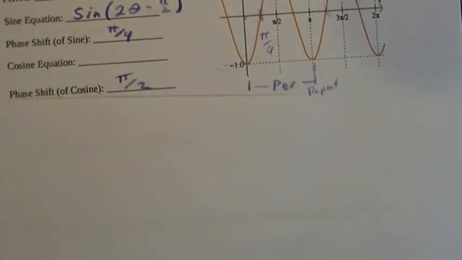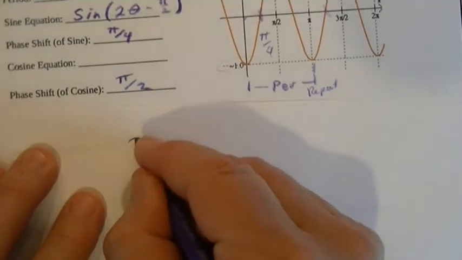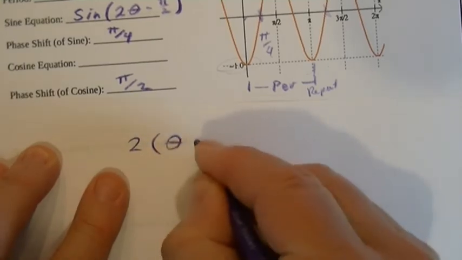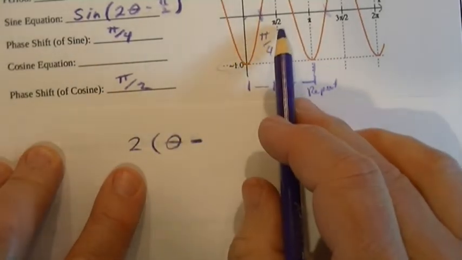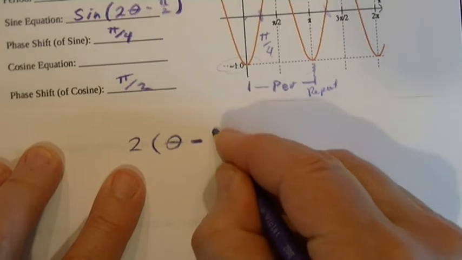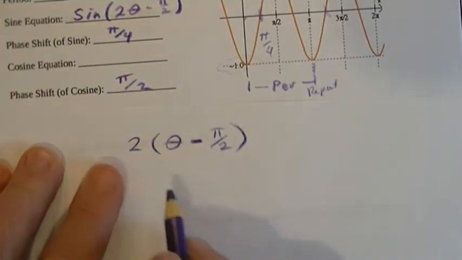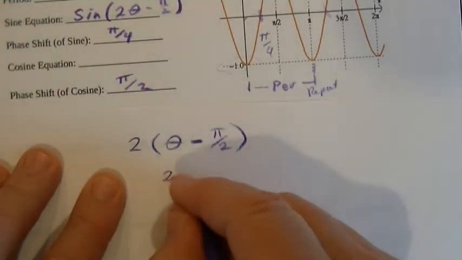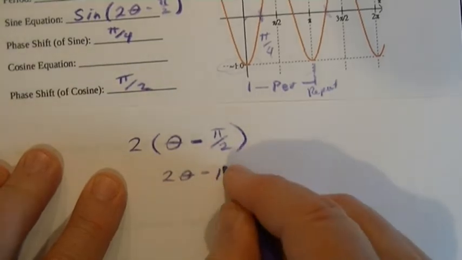Then when we come down here and do the cosine equation, we maybe don't have to check it, right? We know that the period is going to be dealt with the same way. We're going to have 2 times, this is going to be minus our phase shift of pi over 2. So we simply need to distribute and get 2 theta minus pi.